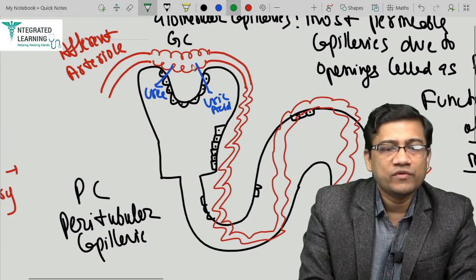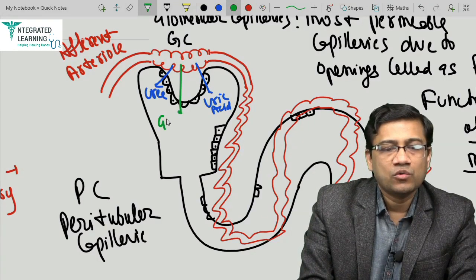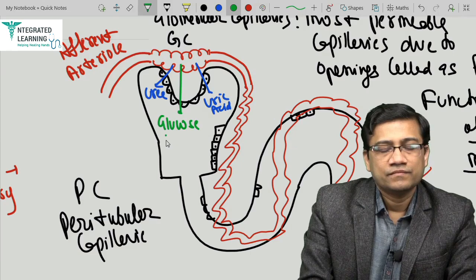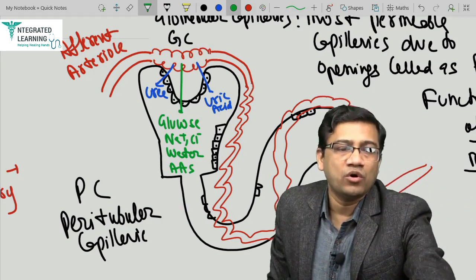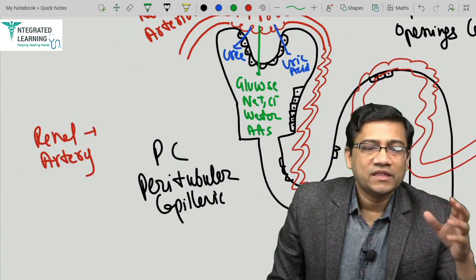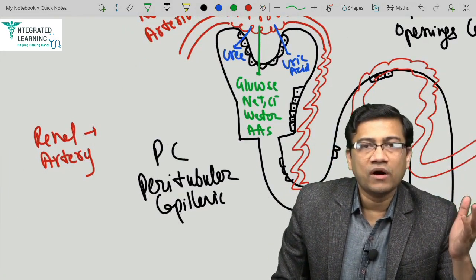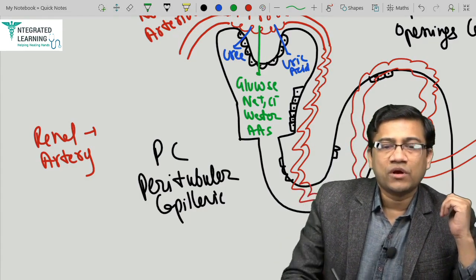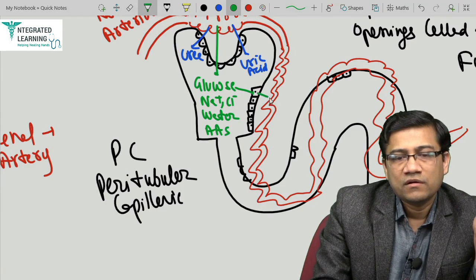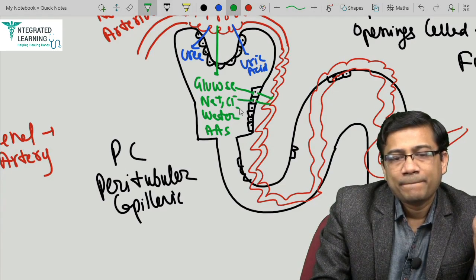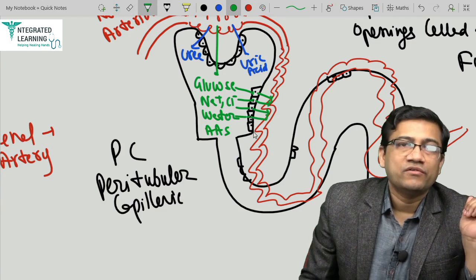But you also filter good things such as glucose, sodium chloride, water, amino acids, etc. So these good things are also getting filtered out, and this is a major loss to our body. So that is why, to compensate, we will take all this substance back to the blood via the tubular cells, and this is the process called as reabsorption.